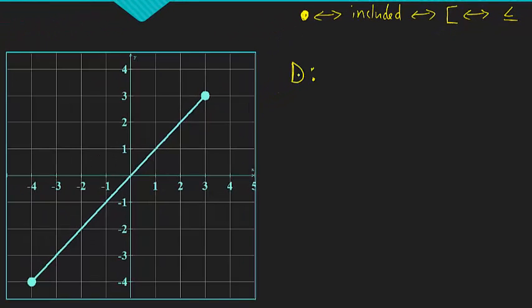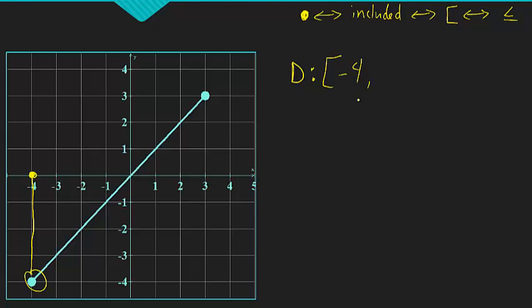So for our domain, let's find the leftmost point on our line, and that would be this right here. So let's make a line up to the x-axis, and that's going to touch -4. So that includes -4. So we're going to use a bracket, -4, comma.